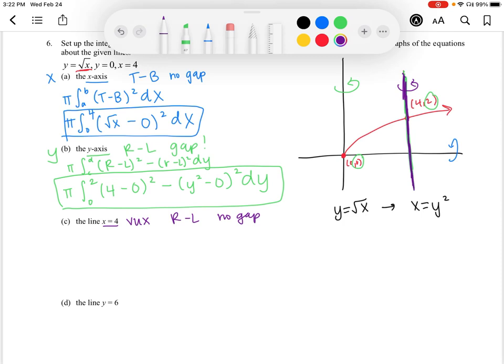So since there's no gap, we just need to do pi, the integral. Since we're talking about y, our bounds are 0 to 2. The furthest right is that 4, and then our left is minus that square root of x, which we changed to y squared. Squared up there, and then dy.